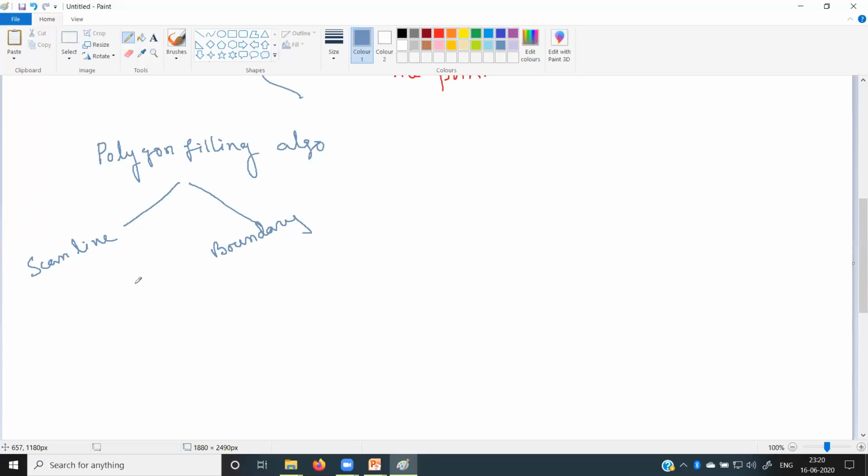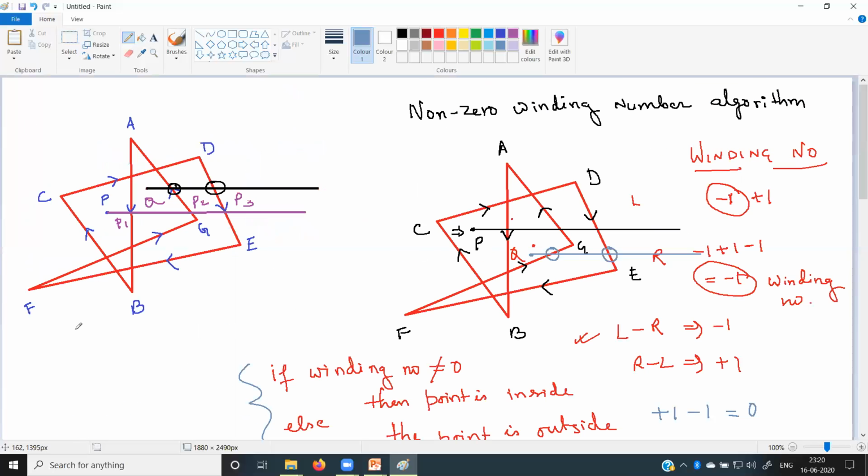Under the scanline filling algorithm comes every scanline algorithm which works for non-ordinary polygons. The odd even rule and the non-zero winding number rule, everything comes under the scanline polygon filling algorithm, because you can see over here we are drawing a scan line from a particular point.